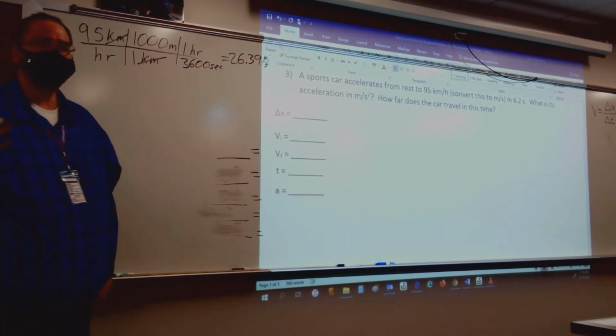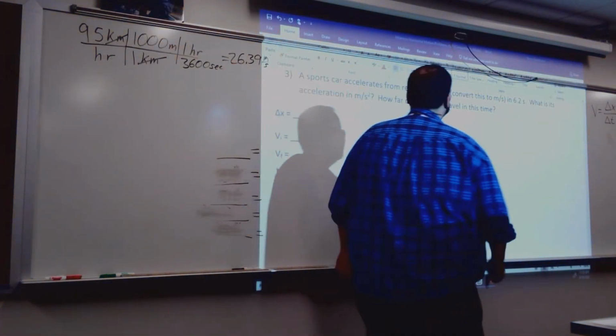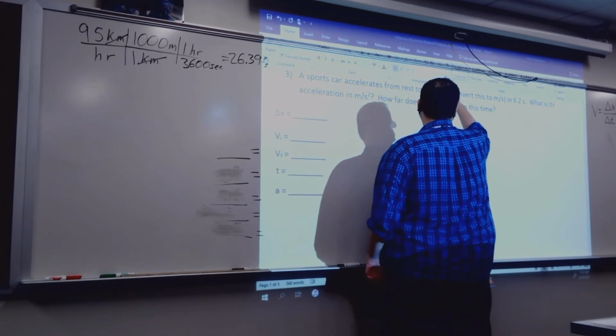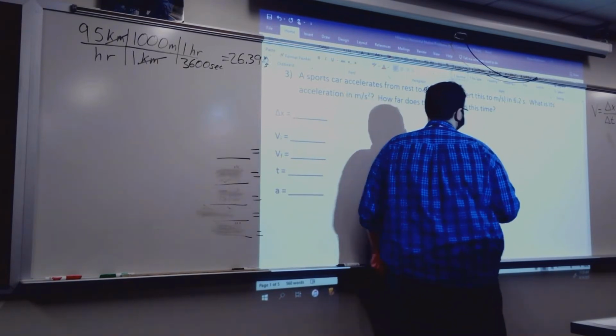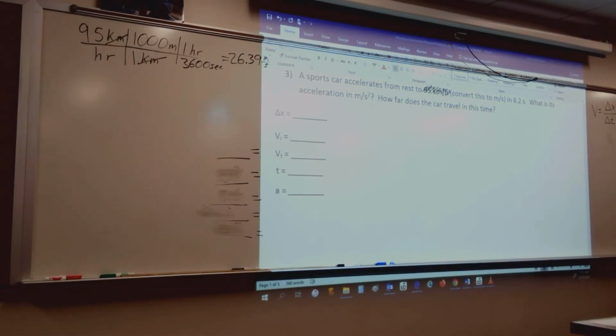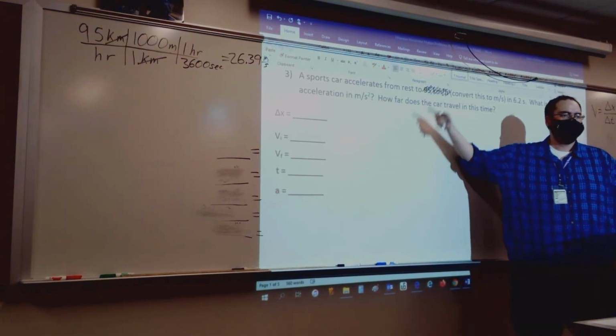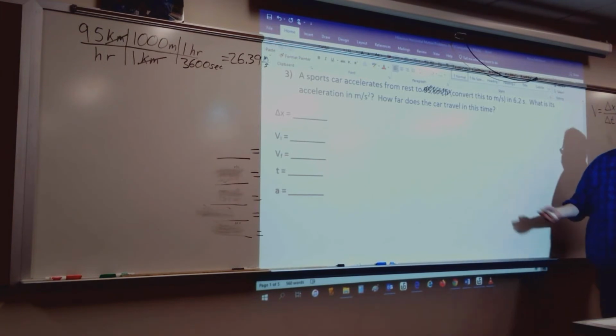Now, here's a good strategy. Once you figure out that this is 26.39, go ahead and cross out 95. You don't want any possibility that you would accidentally use 95. I've seen this many times, especially in problems with a lot of converting, like when we do radians and degrees and rotation, where somebody in the heat of battle looks back at the original problem, sees 95 there, and uses it even though they already converted.